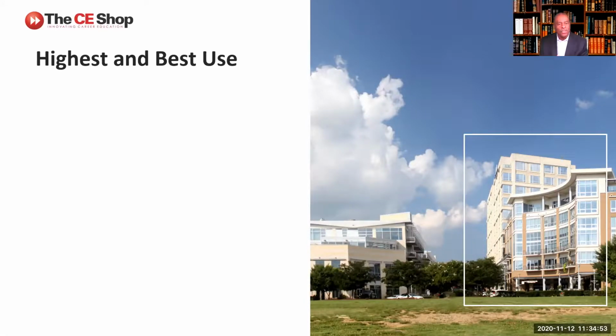So highest and best use is the maximum use of a property based on its location. Could that be changed? Sure. Has it been changed? Sure. But as a whole, when you're looking at this term, it's more related to commercial and it's more related to zoning that exists currently for the property that you are considering placing on the market.